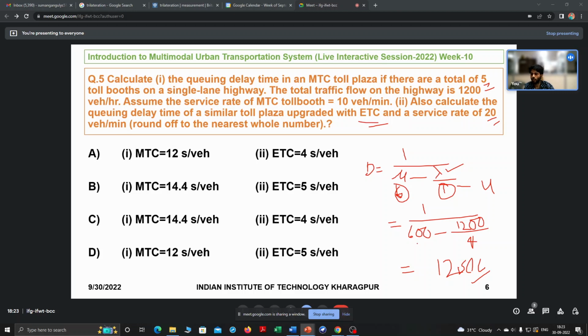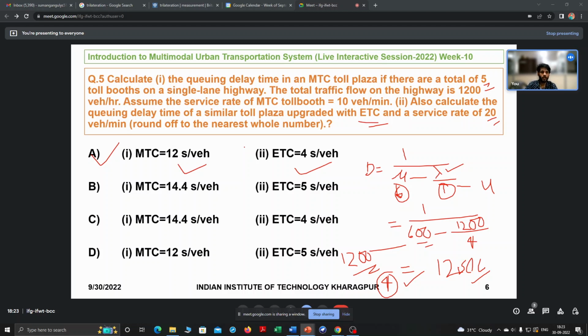So then it will be 1200, and the rest of everything will be the same. So your 1200 minus 300 is 900. 1 by 900 is some value, and then in seconds it is 4. So it will be 12 seconds and 4 seconds, per vehicle obviously. So 12 and 4, the rest of the values are not matching, so A would be the correct answer.